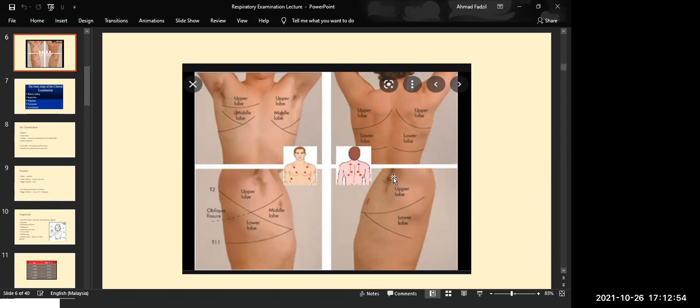A second thing, is there a lung tissue there or not? It gives you some ideas. So if you auscultate here, you know you auscultate the upper lobe of the left lung. You auscultate here, you know you auscultate lower lobe of left lung. This one, right lung. And so any abnormal sound that you listen to here tells you where it originated.